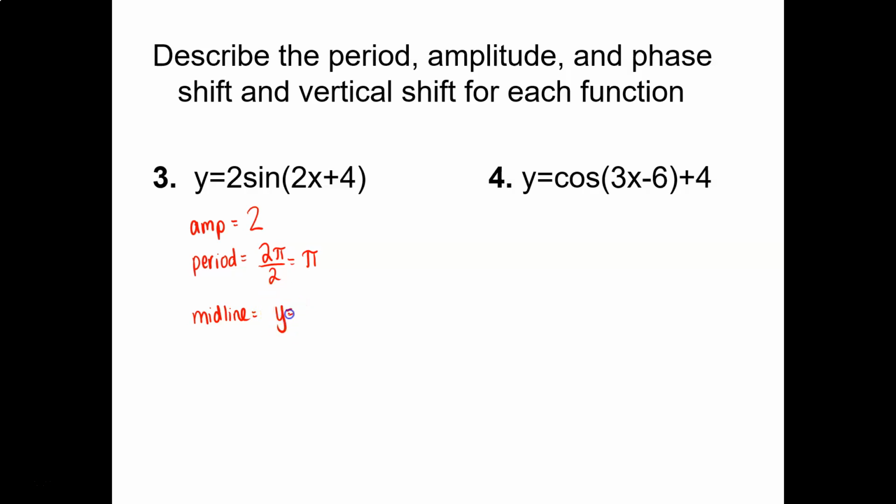Y equals 0 here because you've not got anything added to the end. And then, Matthew Pelkey, what would our phase shift be? Okay, perfect. -2. How'd you get that? Very good. And that gives us our -2 there. Okay, questions?